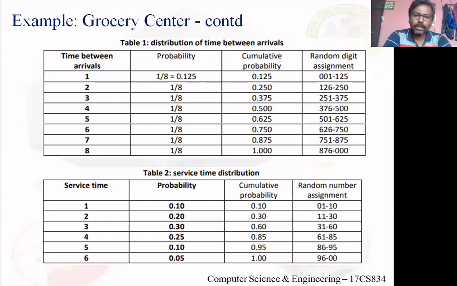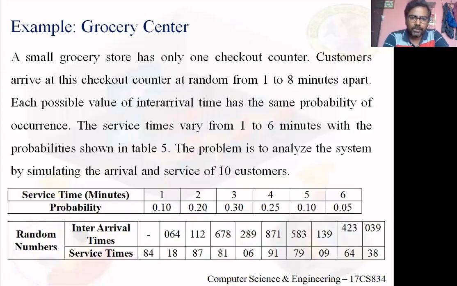Got it? I'll tell you the need for this random digit assignment. Now let me compute the cumulative probability and random number assignment again, for service time. The service time distribution is given, and it's different. Look at the first table.